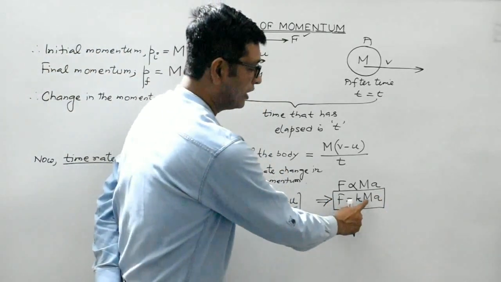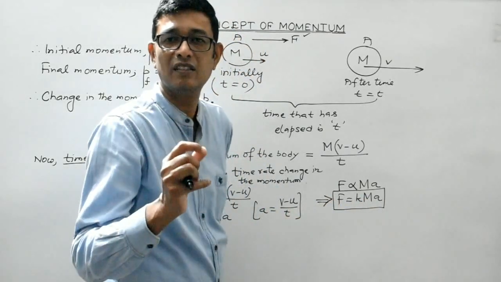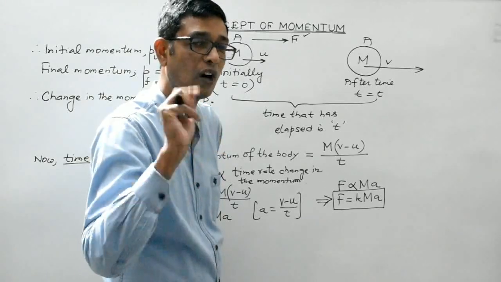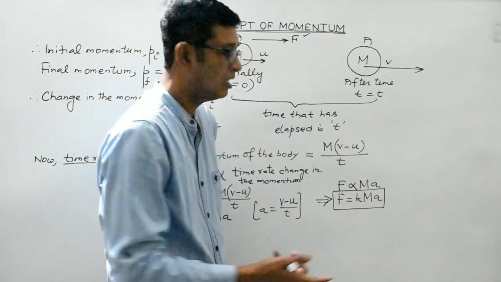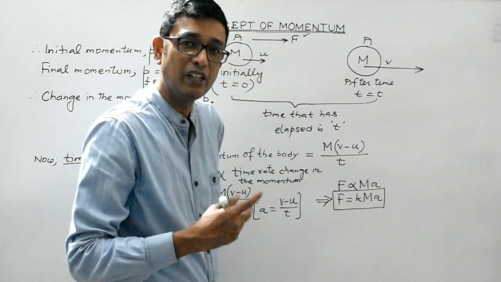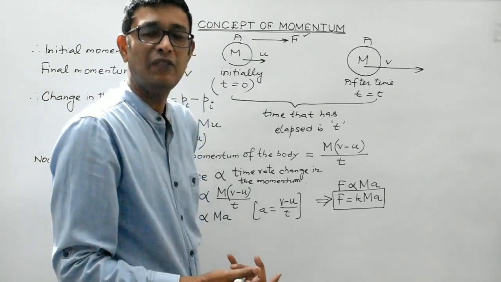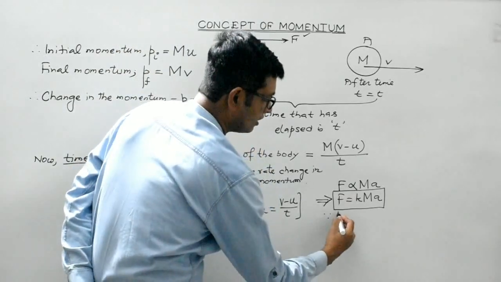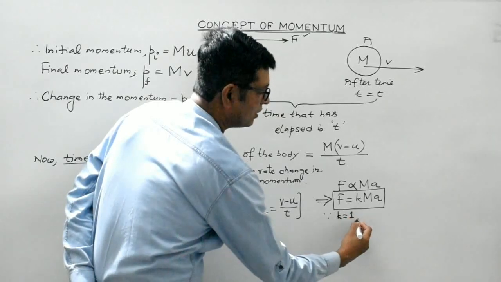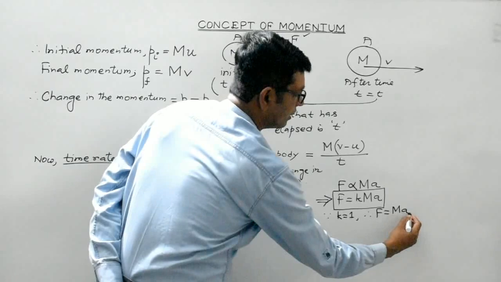Now, the units of m, a and F are so chosen that the value of K is taken to be unity, that is 1. That is, if the mass of the body is measured in kg, acceleration is measured in meter per second square, and force is measured in Newton, then the value of K is found to be 1. Now since the value of K is equal to 1, therefore F is equal to ma.